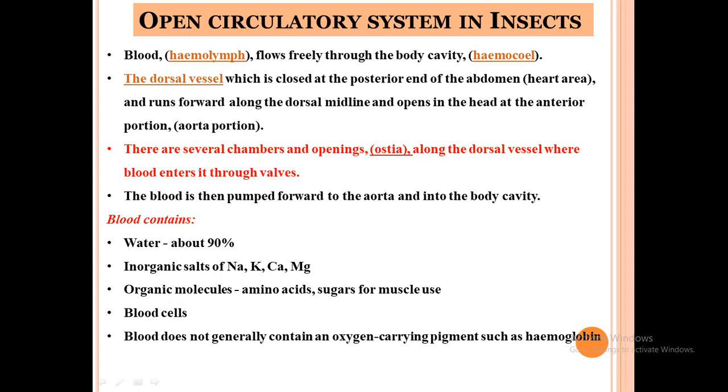That portion is called the aorta. There are several chambers and openings called ostia along the dorsal vessel, where blood enters through the walls. Then the blood is pumped forward to the aorta and into the body cavity.